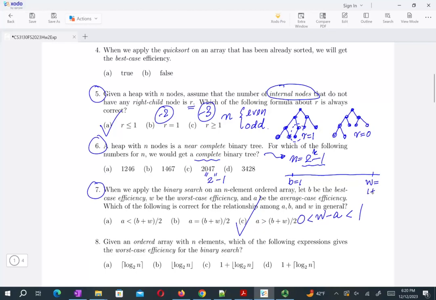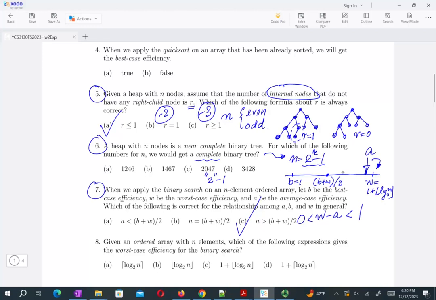we have a formula: 1 plus log base 2 of n, floor function. That's the worst case. Then the middle point, B plus W over 2. But we know this average case A is very close to the worst case.